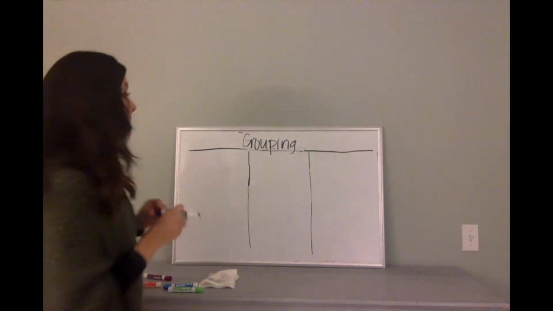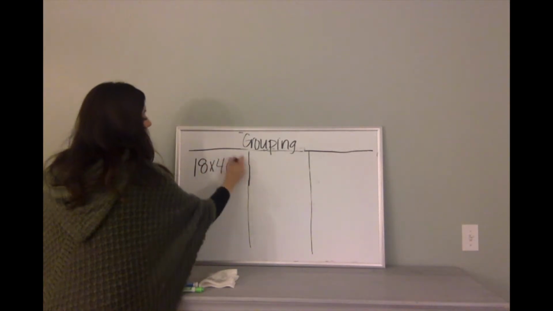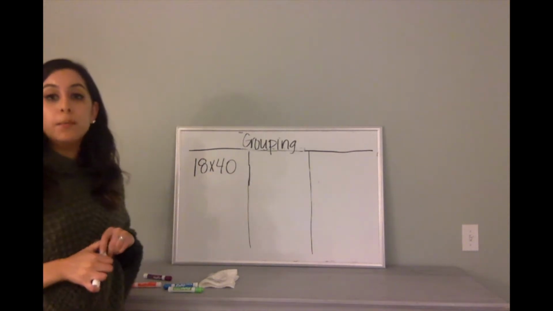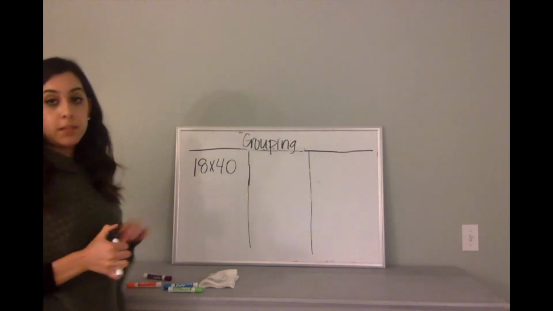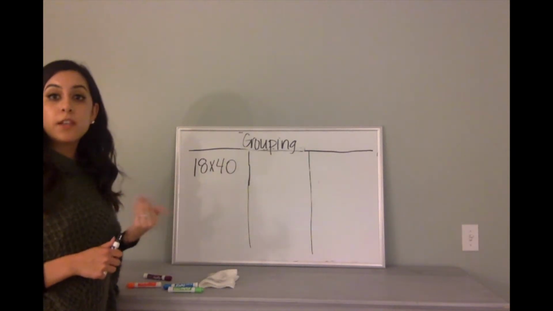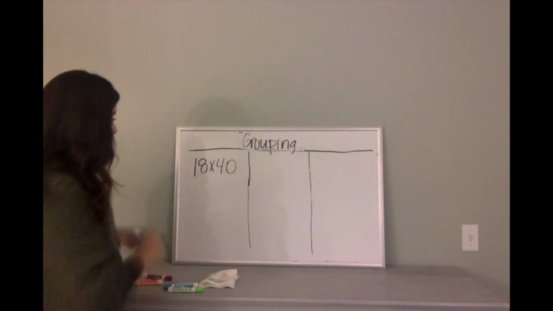So my next problem would be 18 times 40. Now with this strategy, what we want to do is break apart the number 18 because we want to get as many zeros as possible, because that's the easiest way to multiply. So I'm going to go ahead and break this apart.